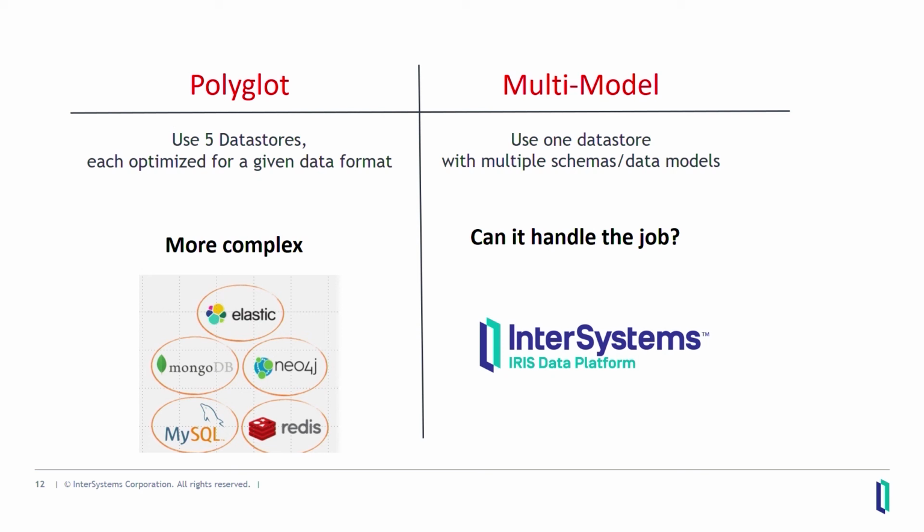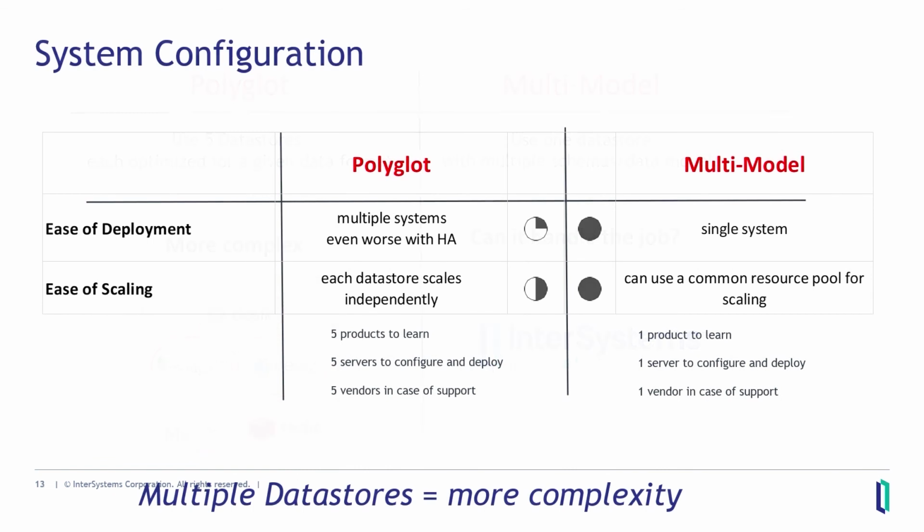One thing I do want to say is, in this discussion, don't confuse architectural layers with a common data store. And I'll come back to this multiple times. I'll quickly go through A/B comparisons. Obviously, if you have multiple systems, it's more complex than a single system.